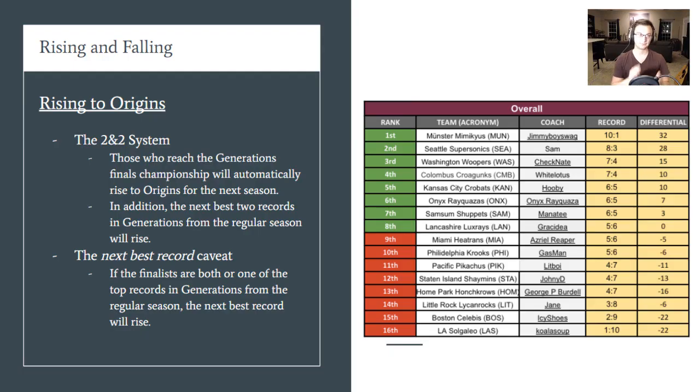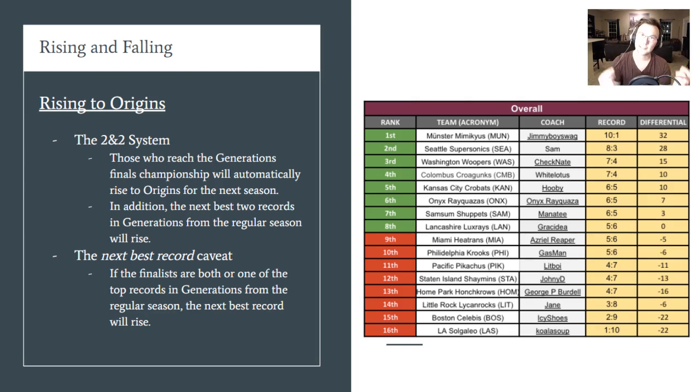And that is the 2-2 system. The 2-2 system is this: those who reach the Generations Finals Championship, so the winner of Hoenn and the winner of Sinnoh, will automatically rise to Origins for the next season. It doesn't matter who wins the championship in Generations, both will automatically rise.